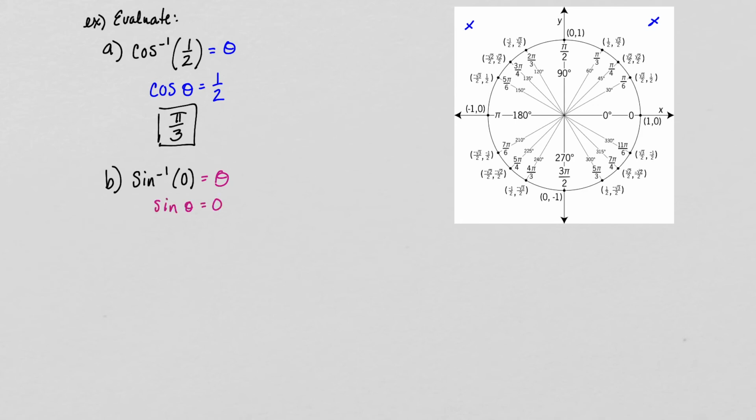Remember, inverse sine, we're looking in the first quadrant or the fourth quadrant. But remember, when we're down here in the fourth quadrant, I'm putting that little asterisk because we have to take the negative angles. So in this case, we're looking for when is the sine equal to 0. And as Liana said, that happens when we're at 0 radians, right? So our answer in this case is 0.